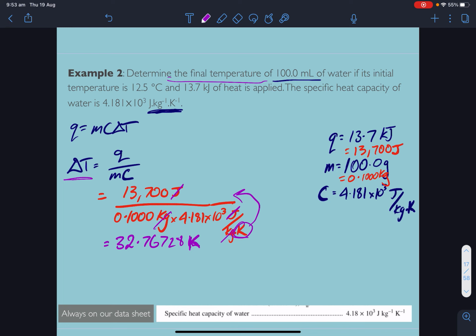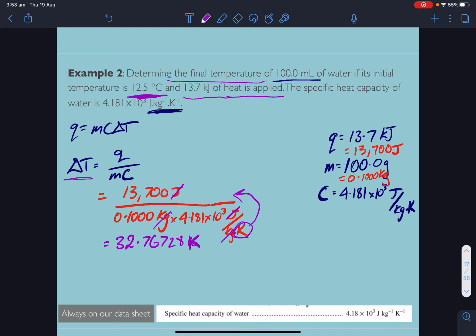Now be careful here, because what we need to do is read the question. The initial temperature is 12.5 degrees Celsius, and don't presume that the temperature change is positive. It could be negative, but let's read the words around it. 13.7 kilojoules of heat is applied.